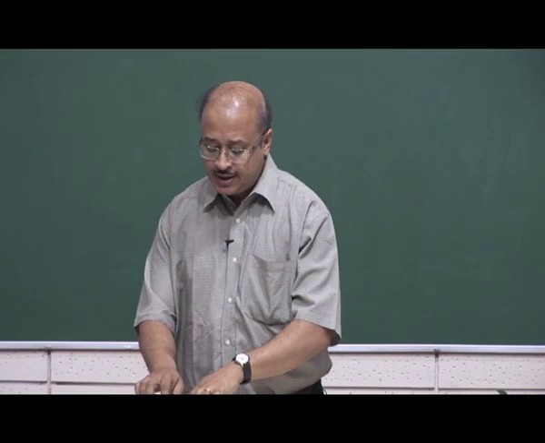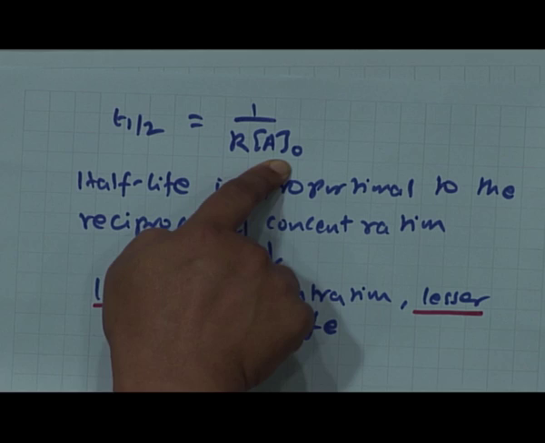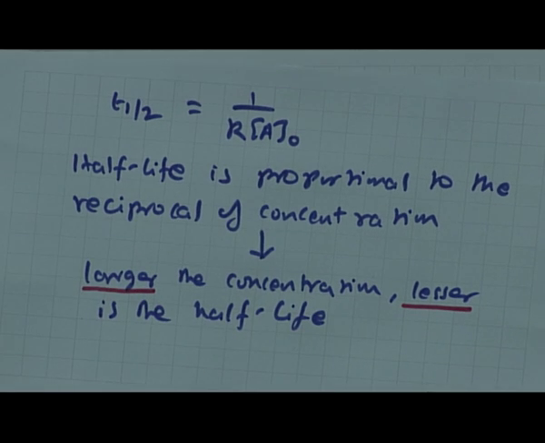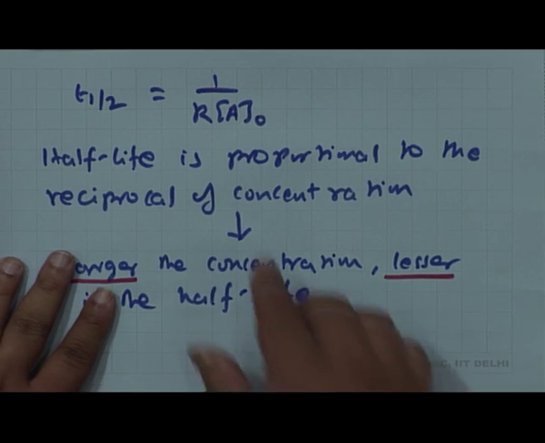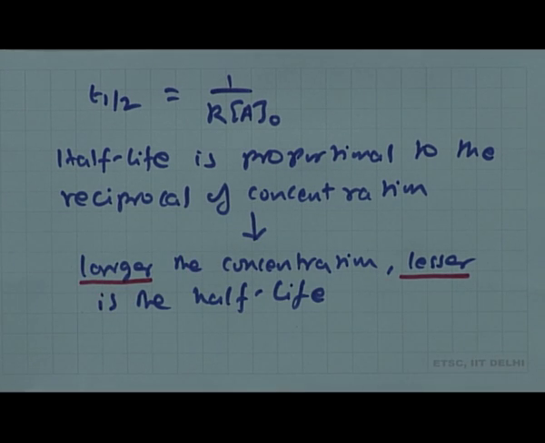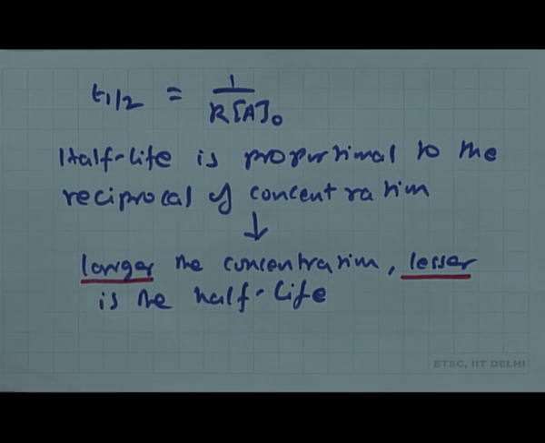So, you can realize that as my concentration decreases, that means as my reaction is proceeding, the concentration of A is decreasing, and remember we can have half lives at different times, T half, T 1/4 and so on. Because this concentration is decreasing and it is inversely proportional, your half life is going to increase.